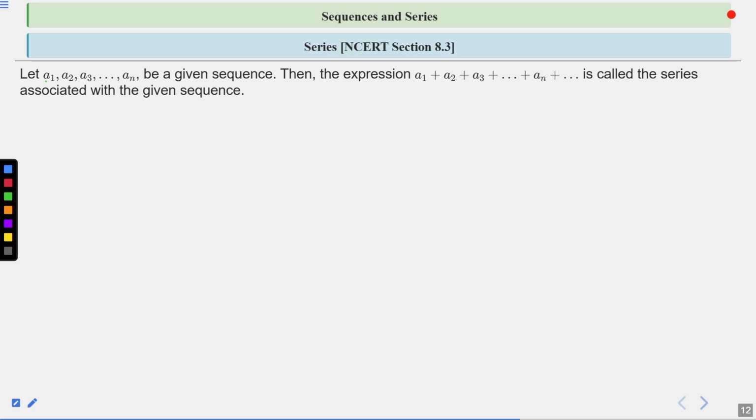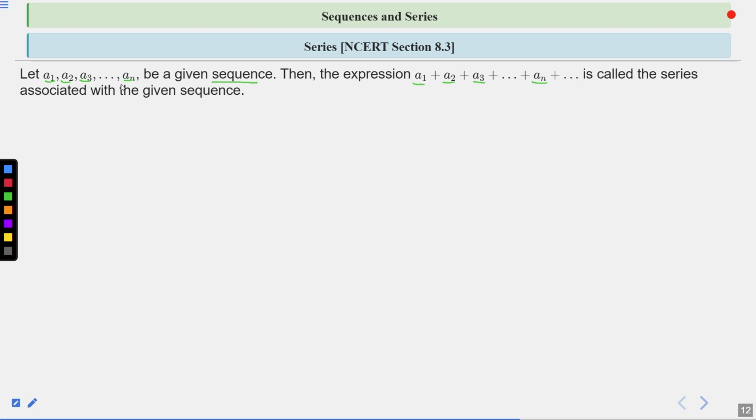Let a1, a2, a3 till an be terms from a given sequence. Then the expression a1 plus a2 plus a3 plus till an, if you have an infinite sequence, the sum will be till infinity.